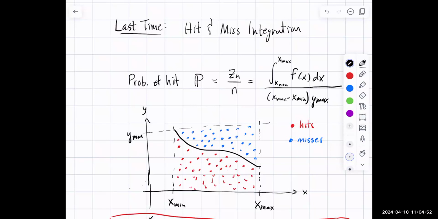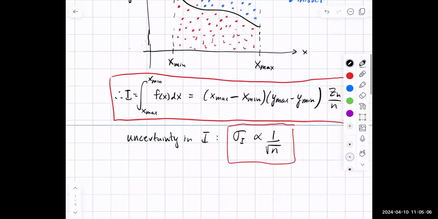So we can generate the simulation and count the number of hits for the number of trials. If we multiply that by the x range times the height, then that is an estimate of the integral. Okay, and so I should just fix this here. So this is going to be y max times the number of hits divided by the number of trials.